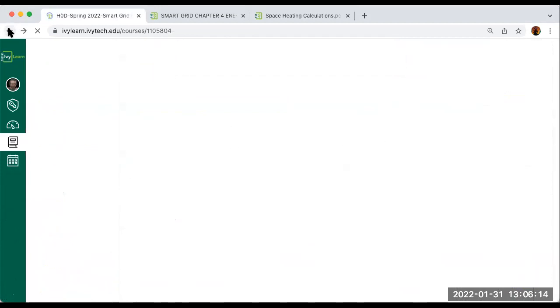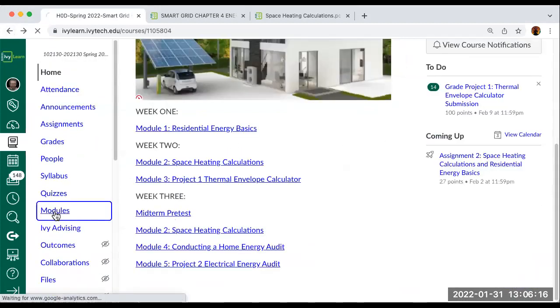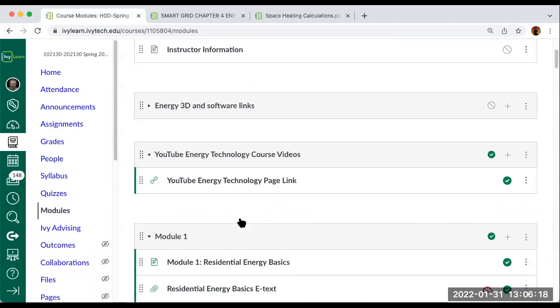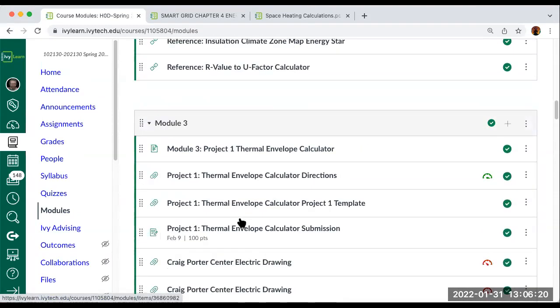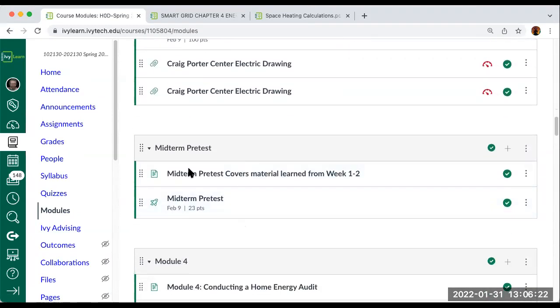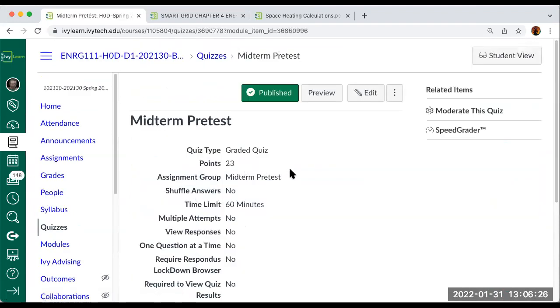All right, well, maybe that's not available. It should be available under your modules. If we click under this, you'll see your midterm pretest right there. So it is available. That link is just broken for some reason.